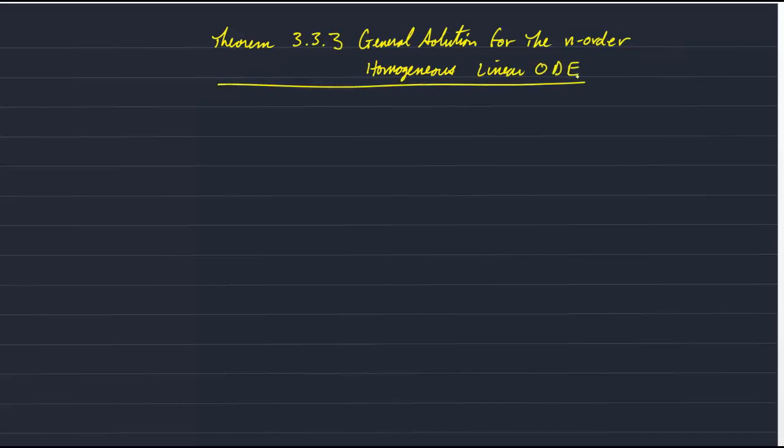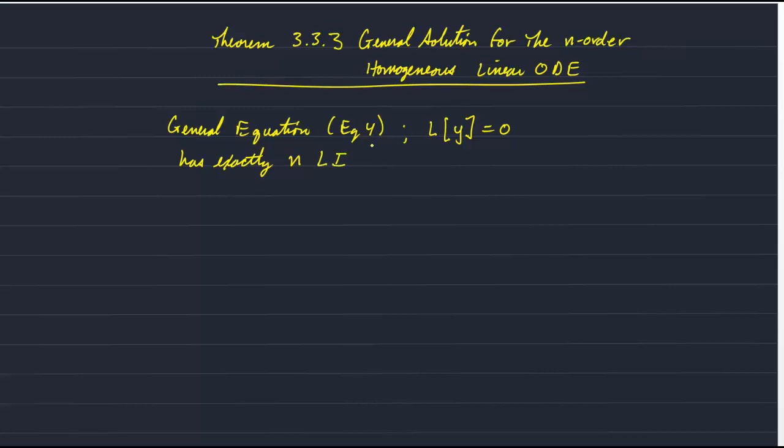And this theorem states that the general equation, that is equation 4, which we also wrote as L, the general nth order linear operator on y is equal to 0, that general equation has exactly, no more and no less, n linearly independent solutions.